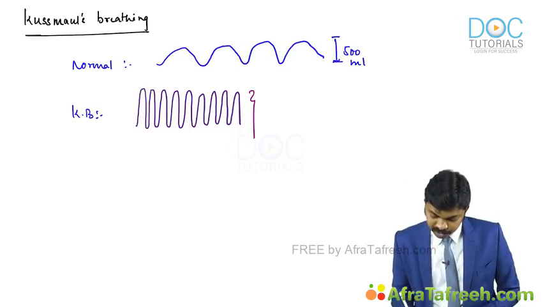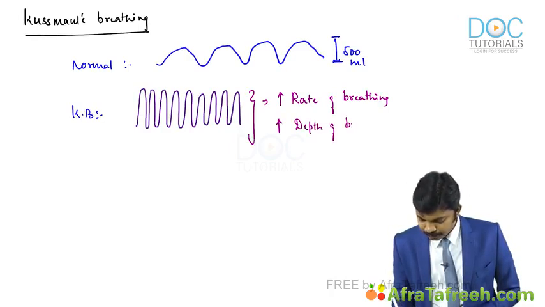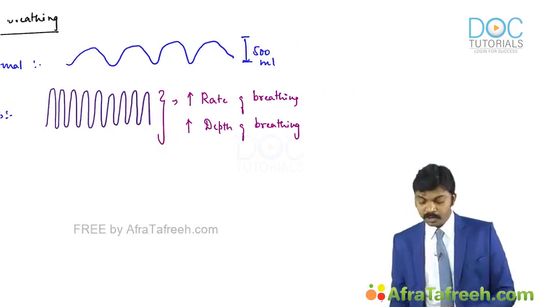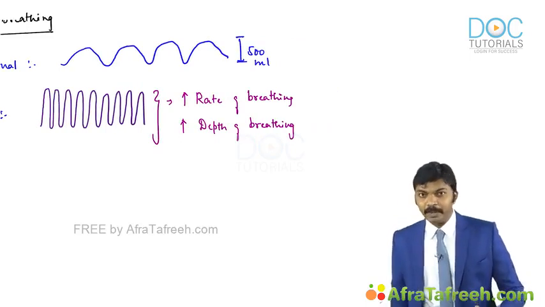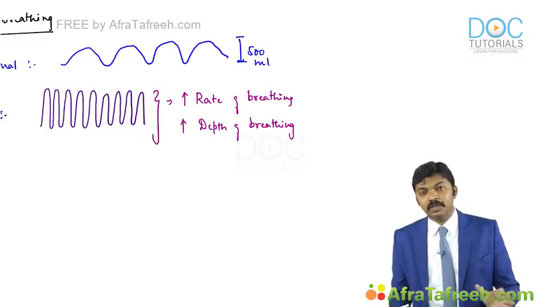Right? So, what are the features here? There is going to be an increased rate of breathing and increased depth of breathing. Increased rate alone is called tachypnea. Increased depth is called hyperventilation. Don't get distracted with the words, doctors.